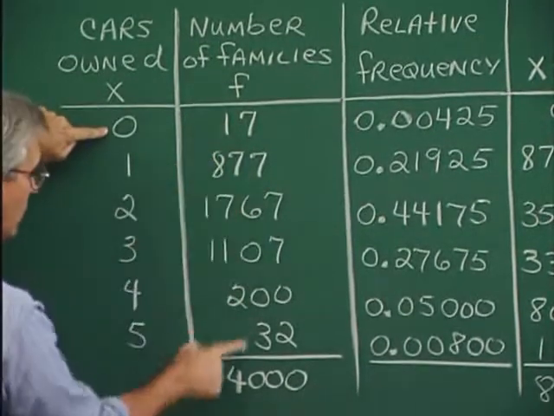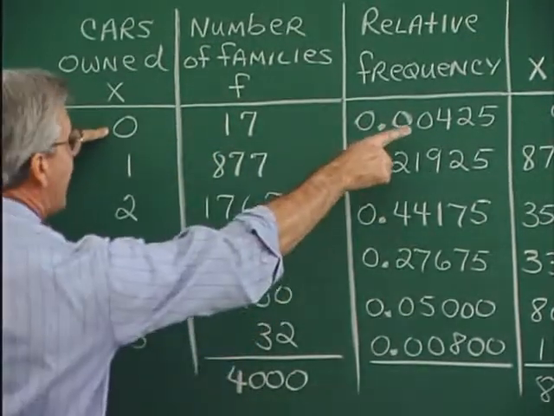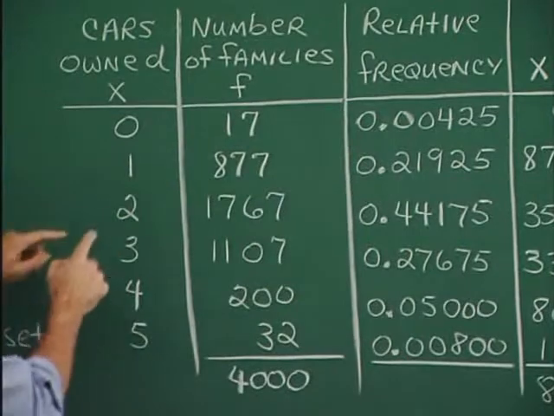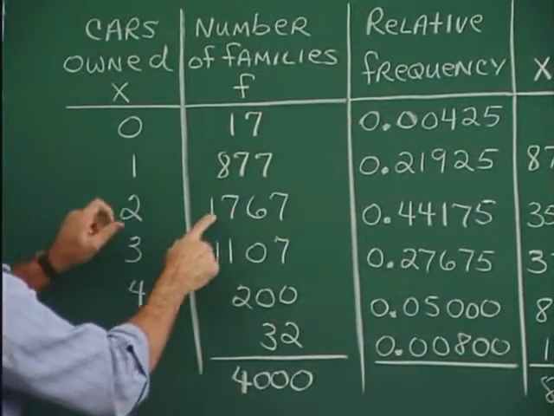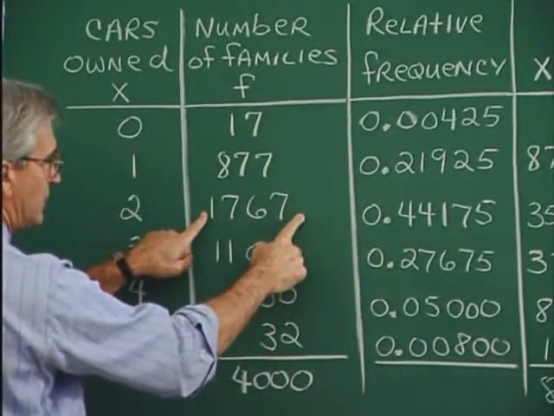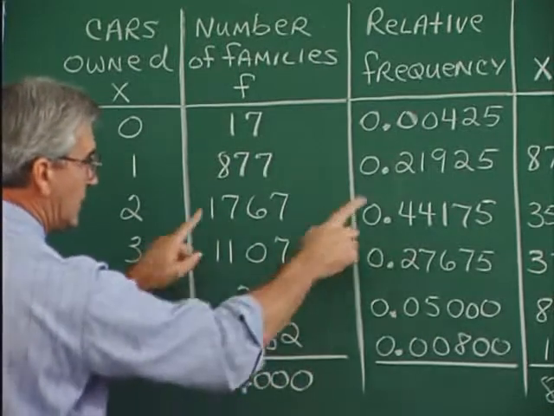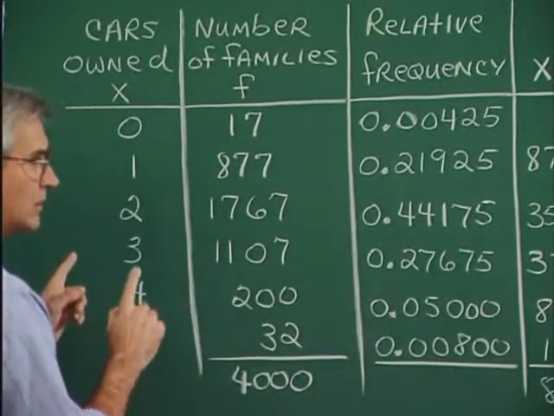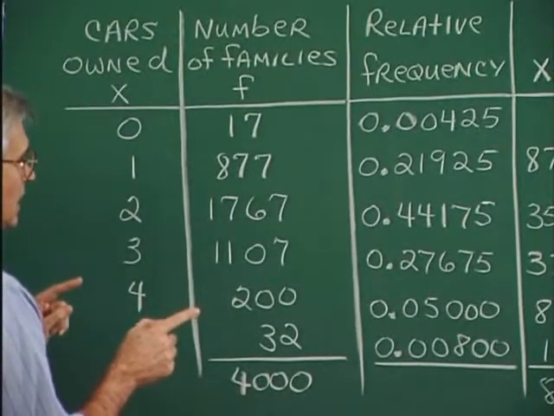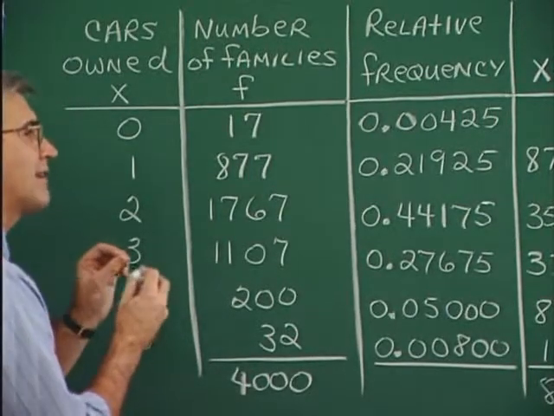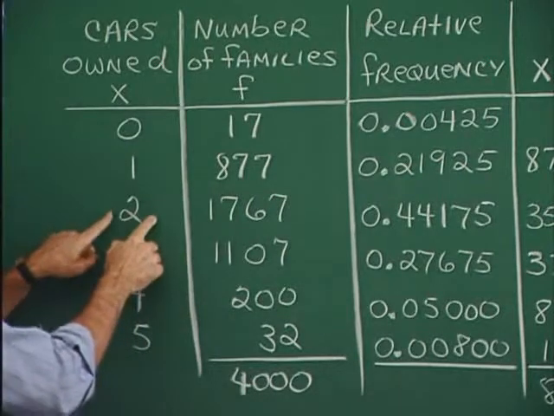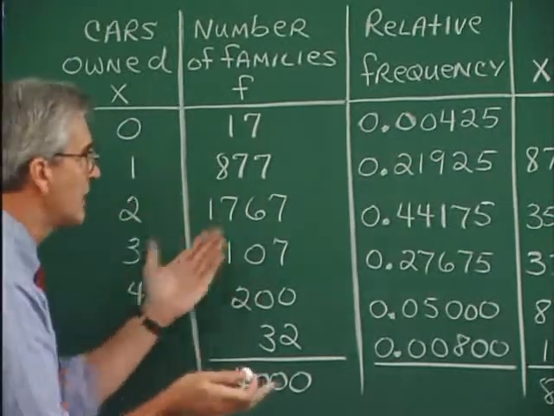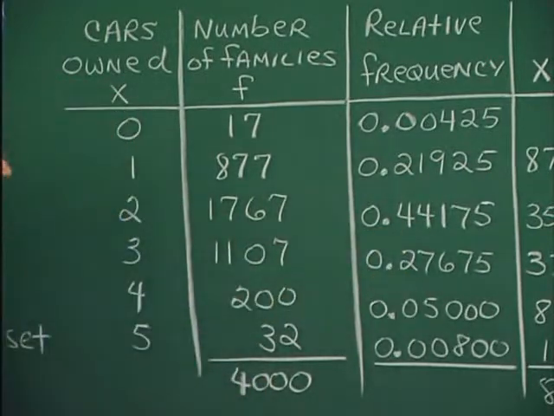So 17 over 4,000 would give that value. And for 2, it would be the frequency 1,767 divided by 4,000, and that's this number. So relative frequency. How relatively frequently will 2 occur in this random sampling process? Well, it will occur this relative frequently.